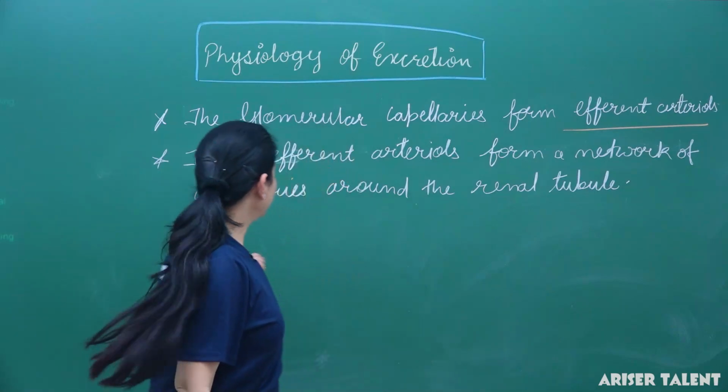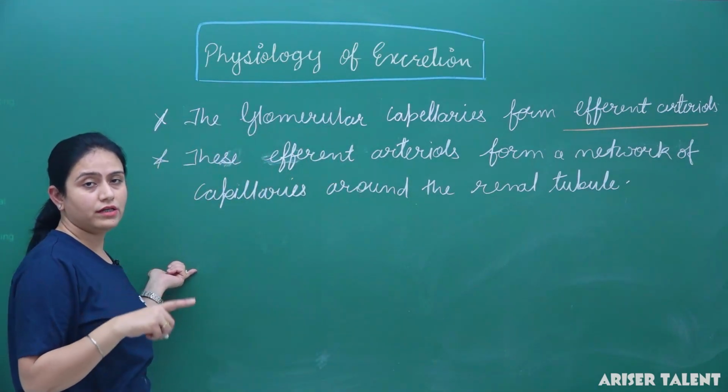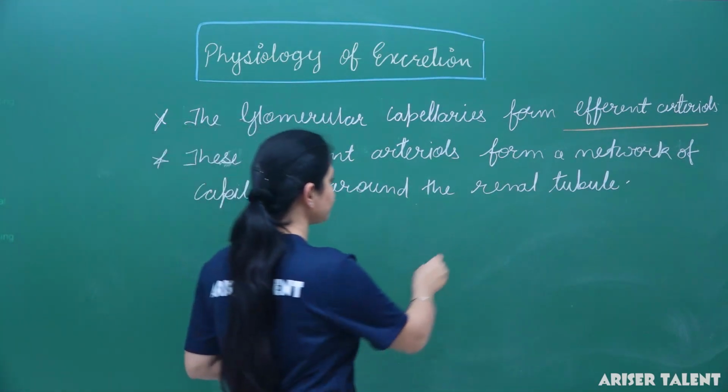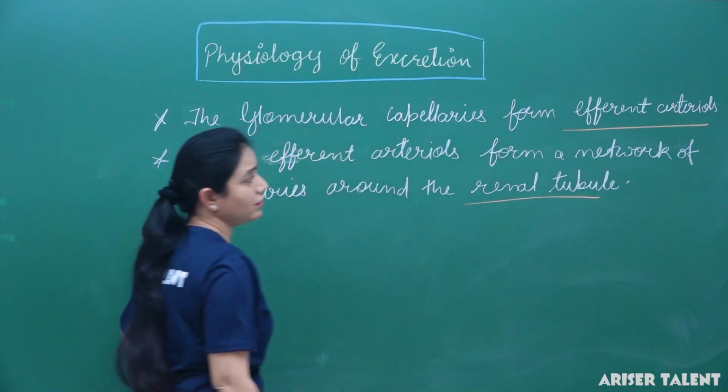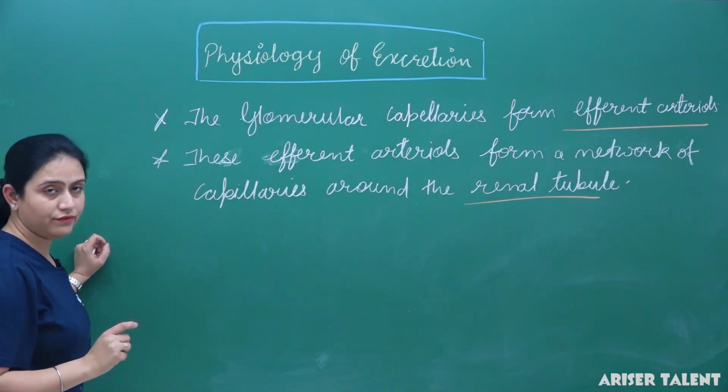They form the network of capillaries around the renal tubule. Fine. So this is all about the functioning of afferent arteriole and efferent arteriole.